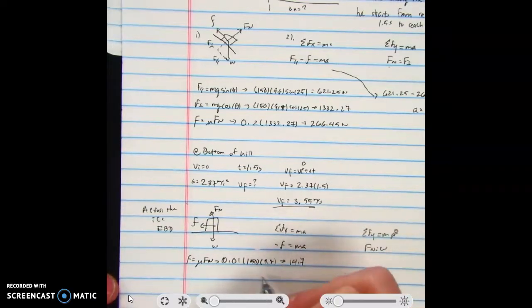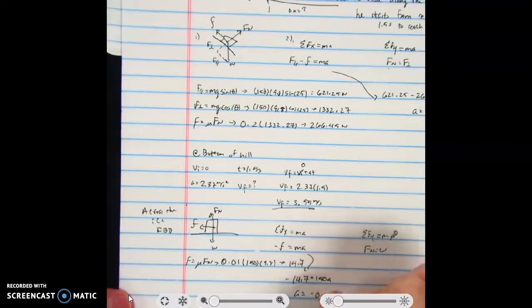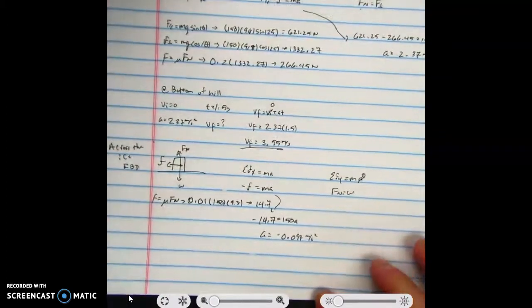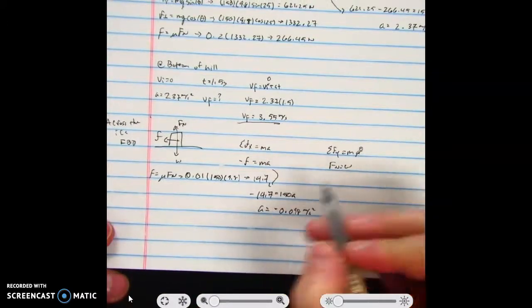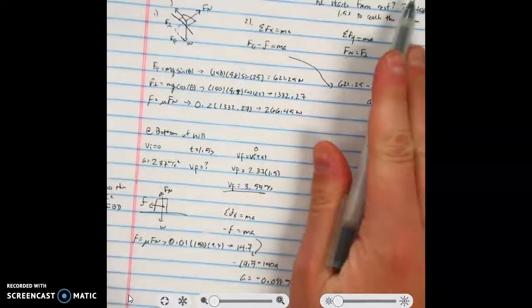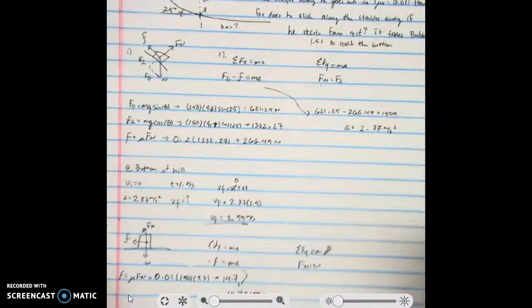It is negative, so I have negative 14.7 is equal to 150A. Acceleration is negative 0.098 meters per second squared. So he's slowing down at a very, very slow rate, a very small acceleration. That makes sense because it's a very small coefficient. If you're on ice, you're going to slide for a good distance.